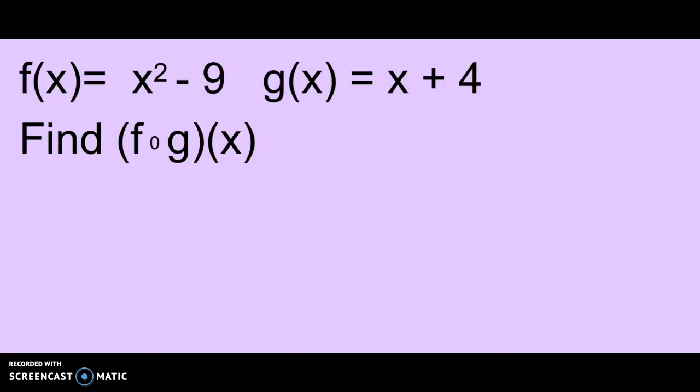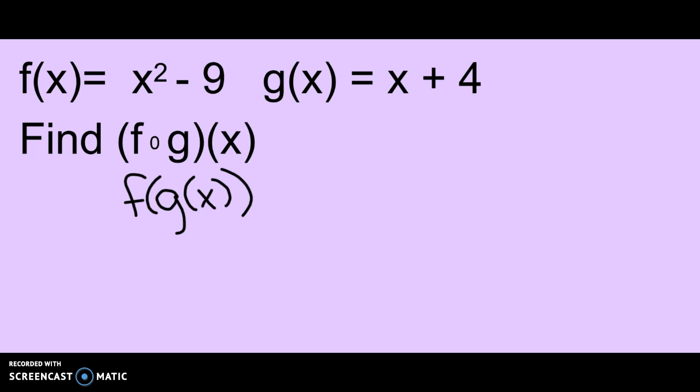All right, so let's look at this next one. You've got f of x equals x squared minus 9 and g of x equals x plus 4. We're just going to do f of g of x. My brain does not know which function is the bigger function when I look at it like that, so I have to write it like this. That's just my brain, okay?